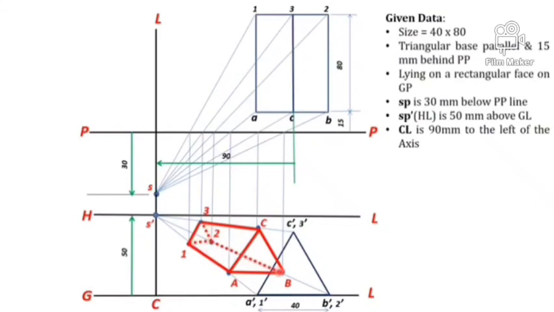Here this line is invisible, so the point 2 is invisible, so the other two edges 2 3 and 1 2 will be invisible. With this, the problem is solved.